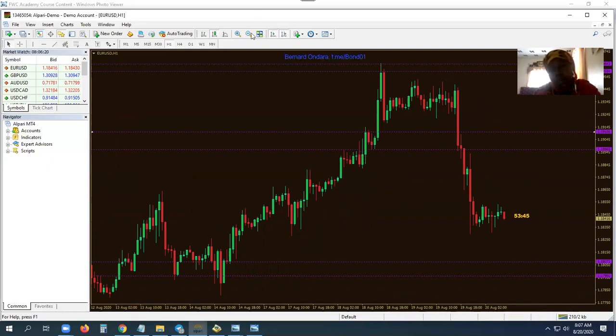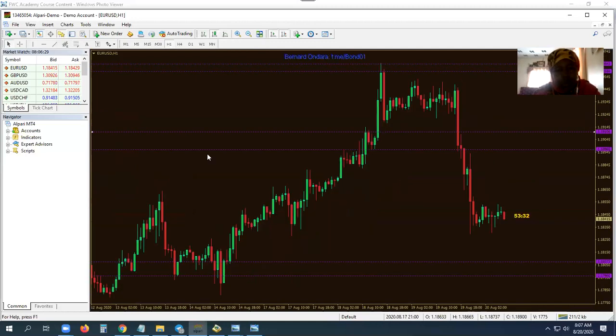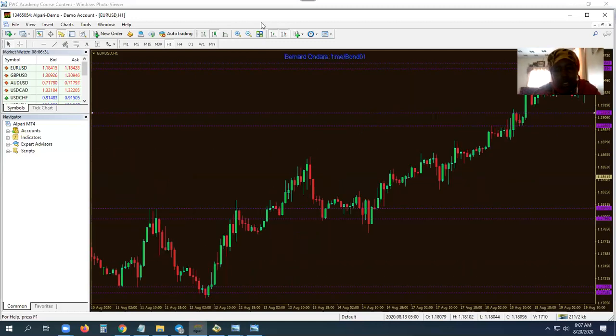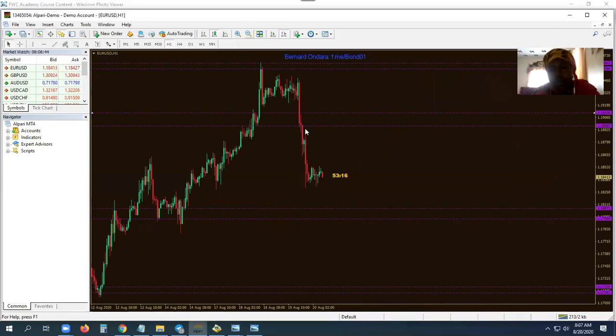That's why you need to trade with zones and not just a single line, because a single line might cheat you like this. If you didn't have a zone, you would have thought that this candle was a breakout candle, which is not, because the actual breakout candle was this. So it's important that you work with zones. So that was the logic.